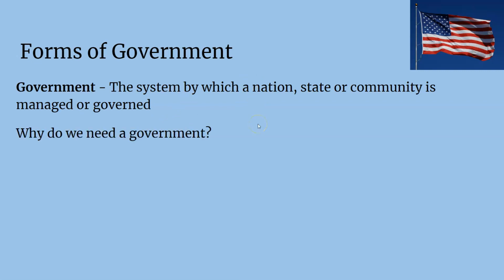So why do we need this government that we have here? Well, in simple terms, to maintain law and order. You don't have people stealing things and running amok. There needs to be some kind of law and order in society to make sure that you're safe, your money's safe, your house, your belongings, that there's fair trade and everything.